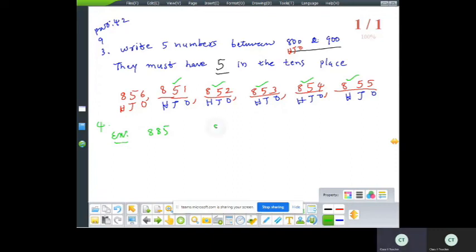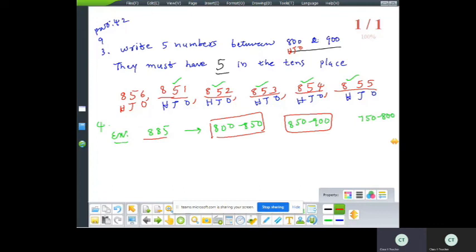Your options are given: 800 to 850, and one more option, 850 to 900, and the final option, 750 to 800.